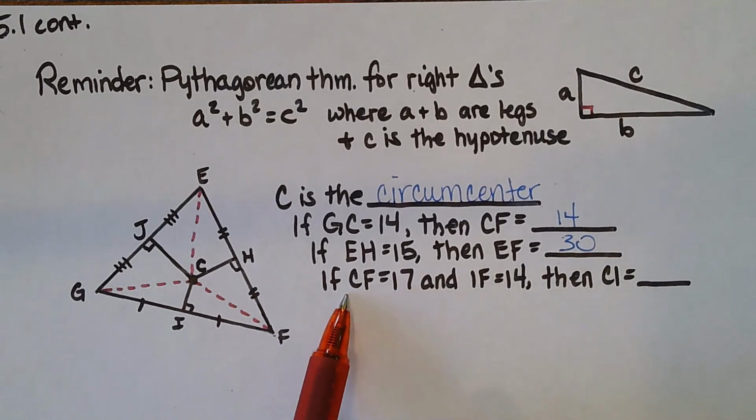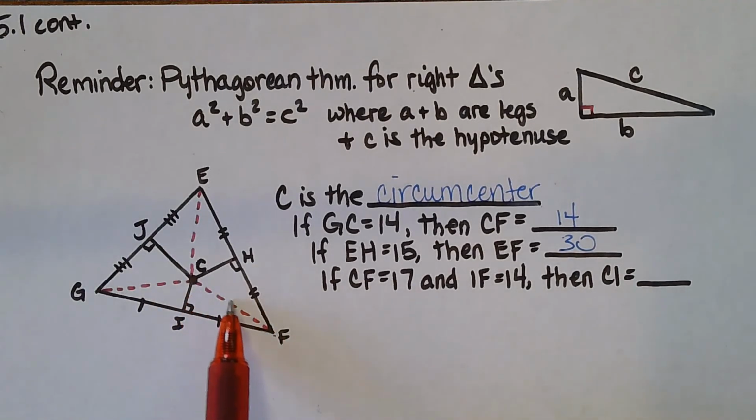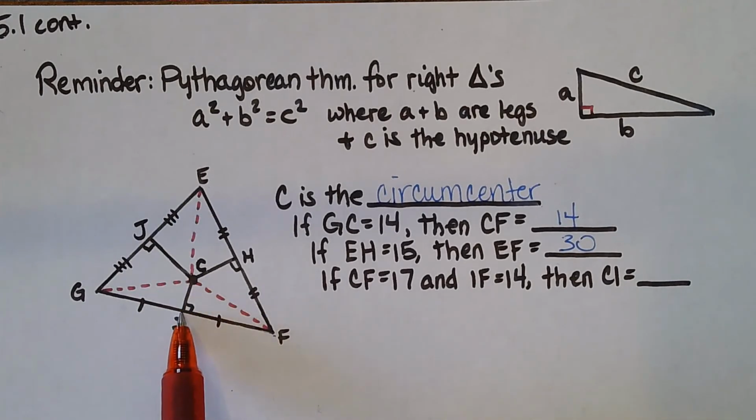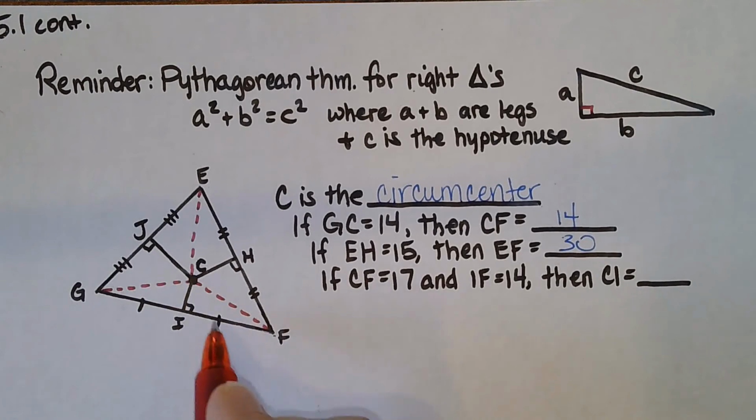And the last one we have here, if CF, this guy right here, is 17 and IF is 14, how big is CI? This is the right triangle. So if I bring this out here, I'm going to straighten it out a little bit.